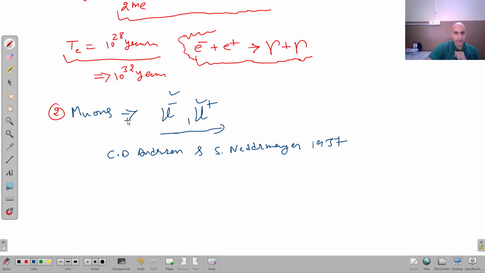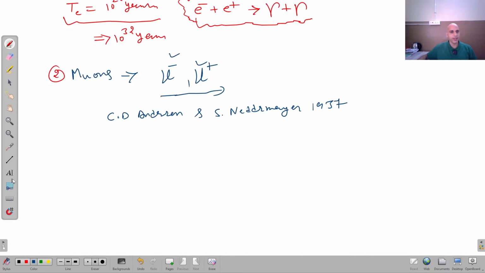Now how are these particles produced, right? These particles are produced in the decay modes of other particles. For example, when the pi negative particle decays, it converts into mu negative plus the neutrino associated with it, the antineutrino. Similarly, in the decay of the pi positive meson, we get a mu positive plus the neutrino associated with it, right?